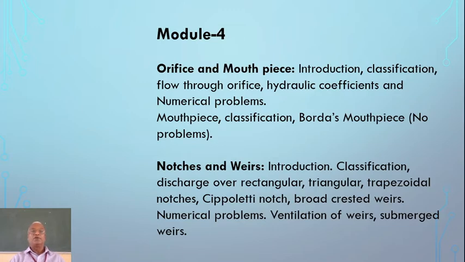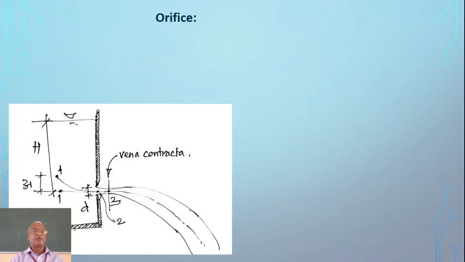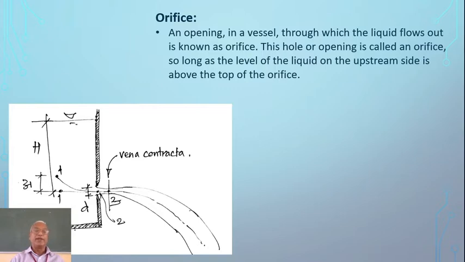Okay, first of all, we'll concentrate on orifice and mouthpieces. So an orifice is an opening. You can just see here that an opening in a vessel through which the liquid flows out is known as an orifice. Here I have shown a sketch in which there is a tank with water standing in it, and here there is an opening.